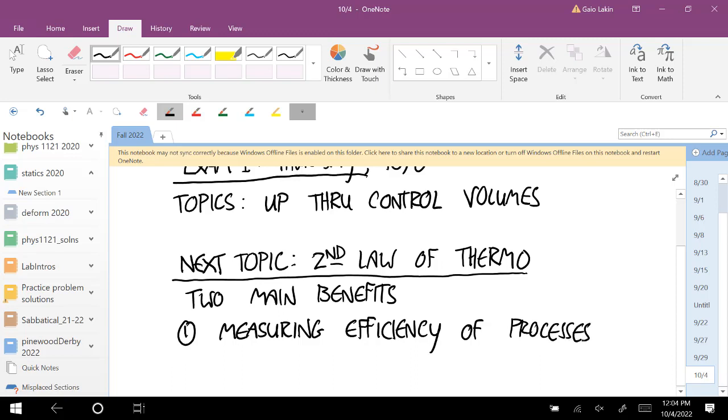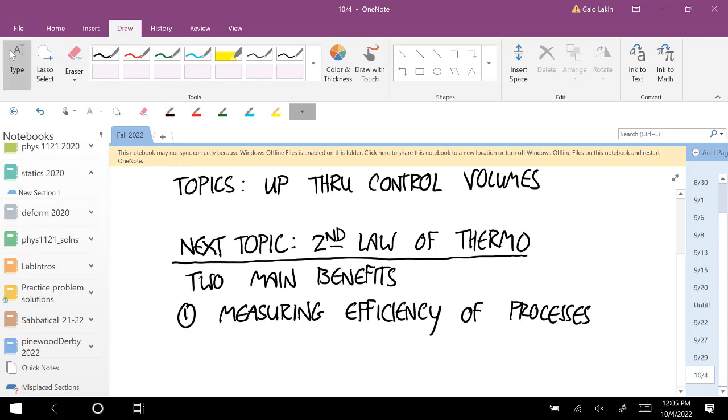We're actually going to see that we can put surprisingly low limits on the performance of power cycles, refrigeration cycles, even assuming no friction, no thermodynamic versions of friction. So then you can compare actual cycles to these mathematical limits that we establish.